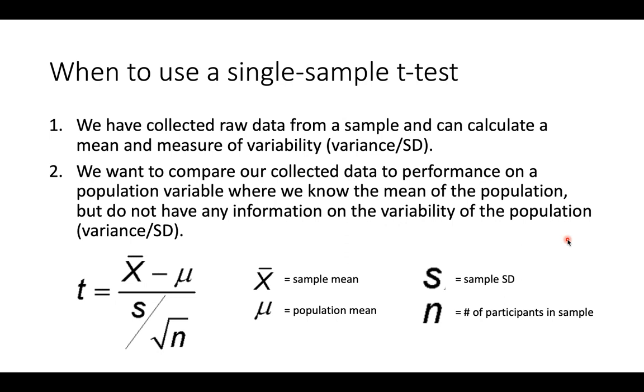So if we know Sally's IQ score, we can place Sally somewhere along a normal distribution of IQ, whether she's close to the mean, whether she's low on IQ, or whether she's high on IQ. A z-test will allow us to understand where Sally as an individual exists in the normal population.